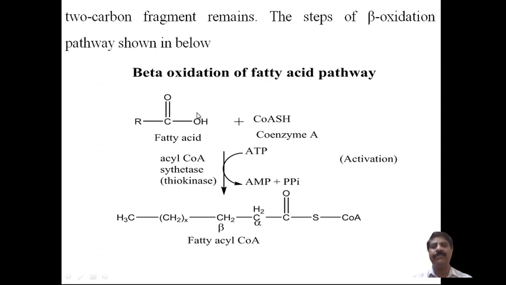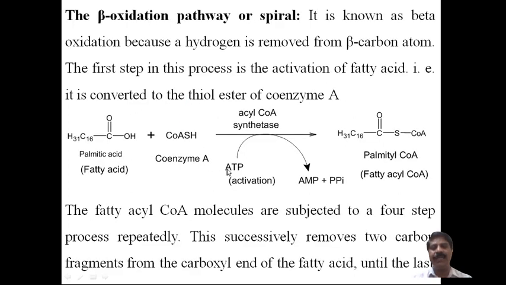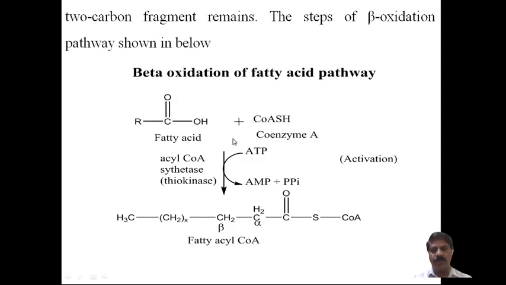Here is the general beta oxidation of fatty acid pathway. The fatty acid is treated for activation, which I have already explained in these steps. That step is repeated here in the flow sheet.